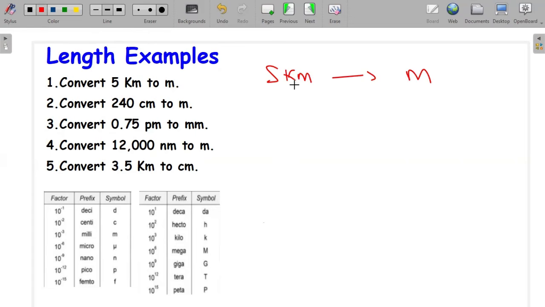The prefix here is simply 10 to the power 3 because this is the kilo. And then here it's just meters. I can't see any prefix, so that will be 10 to the power 0. So this will be 5 multiplied by 10 to the power 3, just write the 10 to the power 3, and then divided by 10 to the power 0.